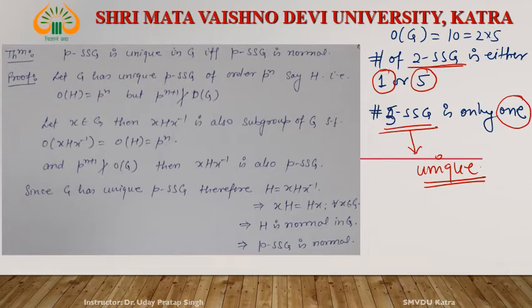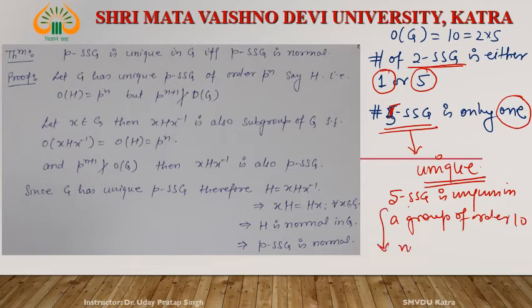Then the next result, the theorem, says that if the p-Sylow subgroup is unique, what is p? P is 5. If the 5 Sylow subgroup is unique in a group of order 10, then this 5 Sylow subgroup is normal.